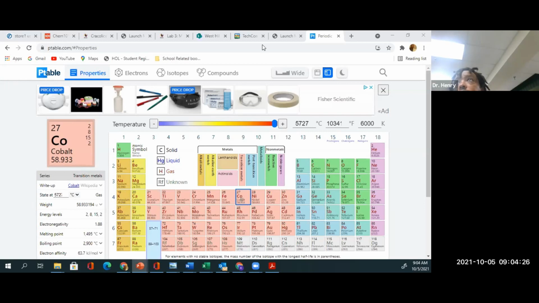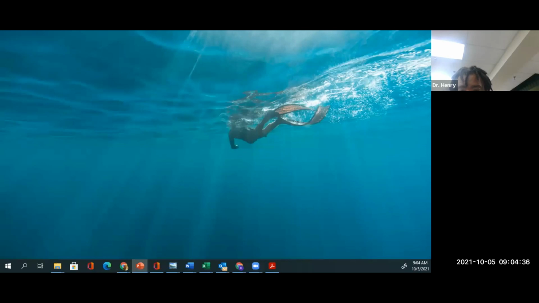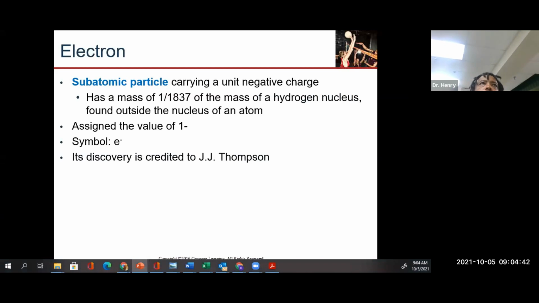Okay, so let's go back to the lecture. Let me give you a little bit of history. The discovery of the electron was basically given to J.J. Thomson.